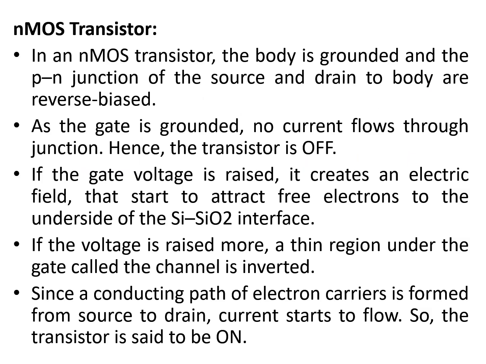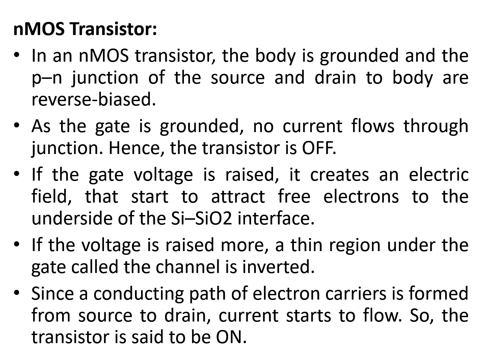NMOS transistor. In an NMOS transistor, the body is considered to be grounded and the PN junctions of the source and the drain to the body are reverse biased. As the gate is grounded, there is no current flow through the junction and hence the transistor remains in the off state.